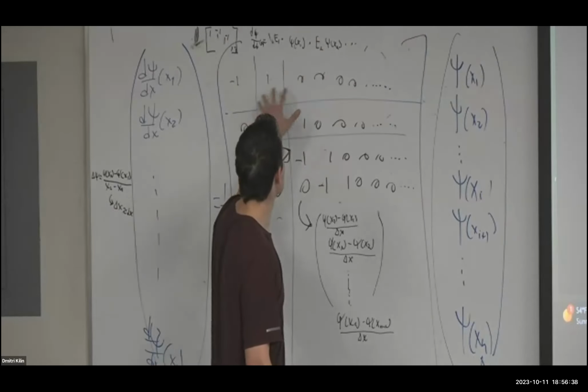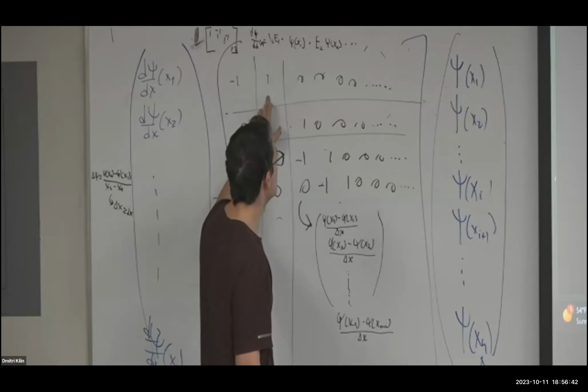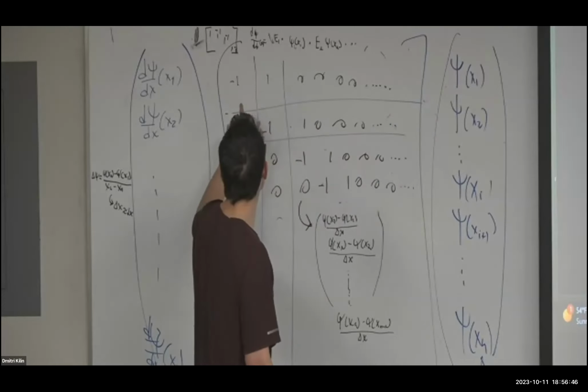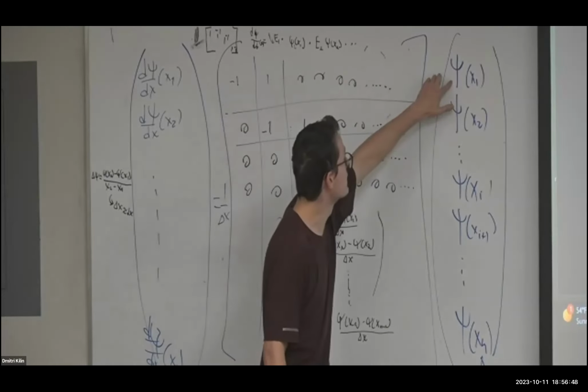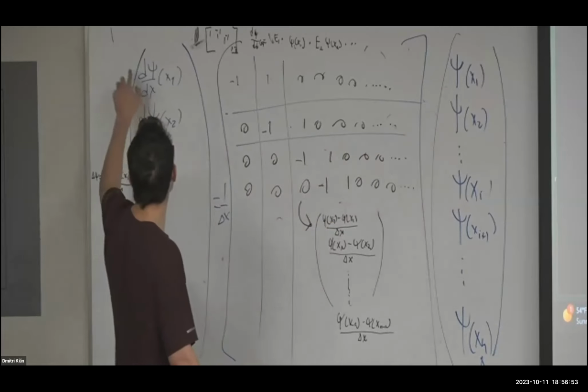So basically, that's a bunch of algebra where we're taking a bunch of differences, expressing them with one and negative one. For the first part, we only need x2 and x1. So we only want the negative version of x1 added to the positive version of x2 divided by delta x to get the first part.